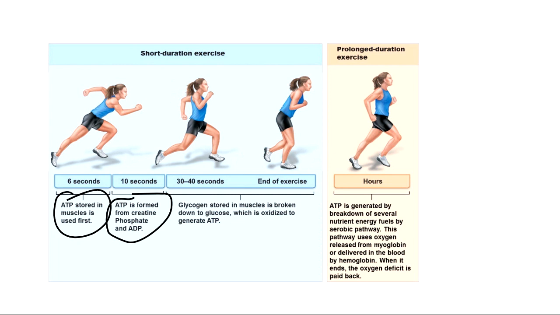Then after that, the next 30-40 seconds to a minute will be made by fermentation. By the glycogen storage in muscles is broken down and glucose is oxidized to generate ATP. This is typically during a sprint race. This will be done through anaerobic processes or fermentation.